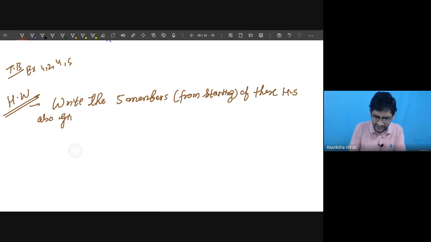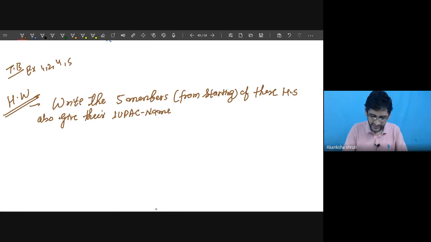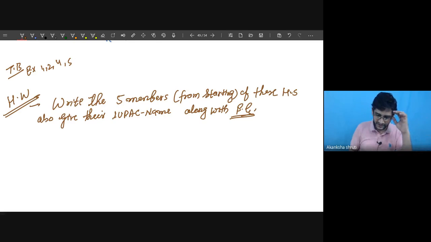Also give their IUPAC name. Please practice these questions along with the functional group. The functional group that I myself am writing in terms of the functional group itself.